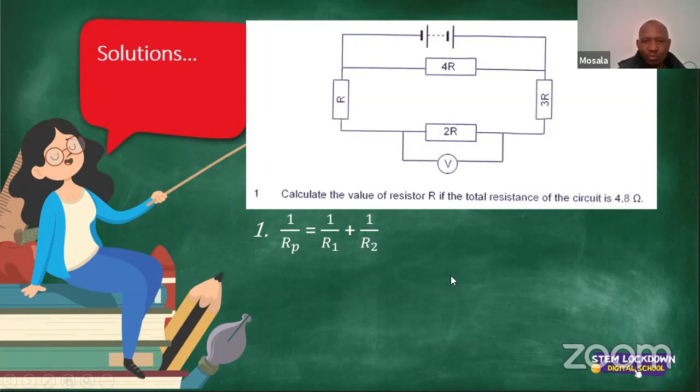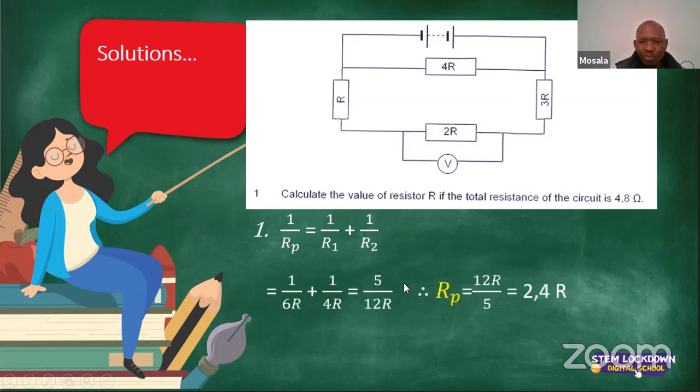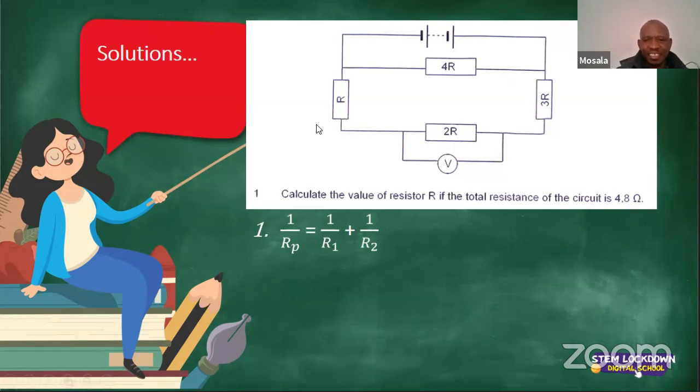But we can just go back. We take these to be in series: R, 2R and 3R are in series with each other. Being in series, their total resistance in the series part is R plus 2R plus 3R, which is 6R.